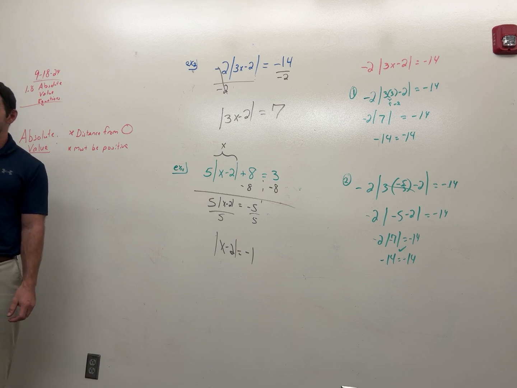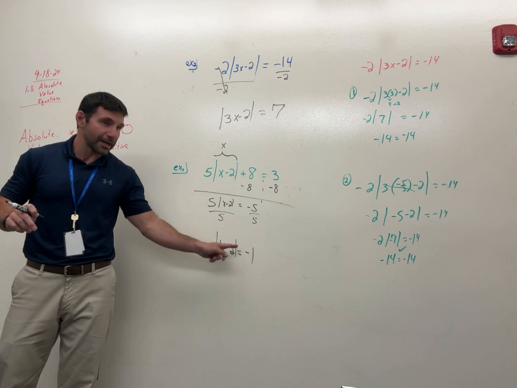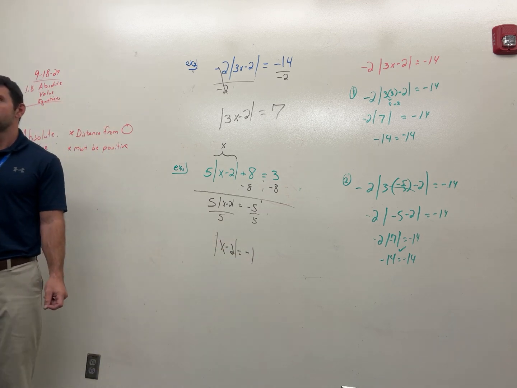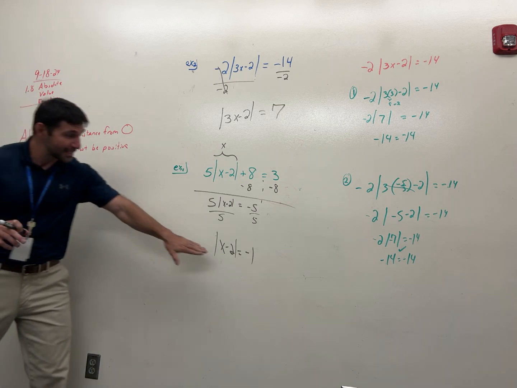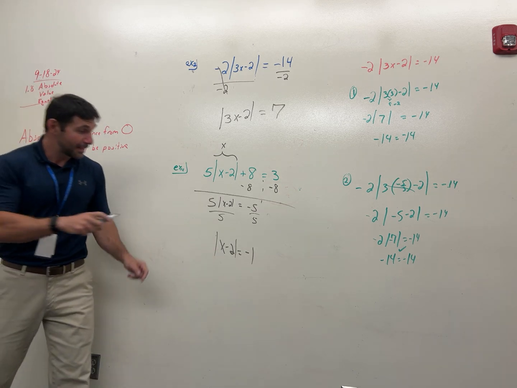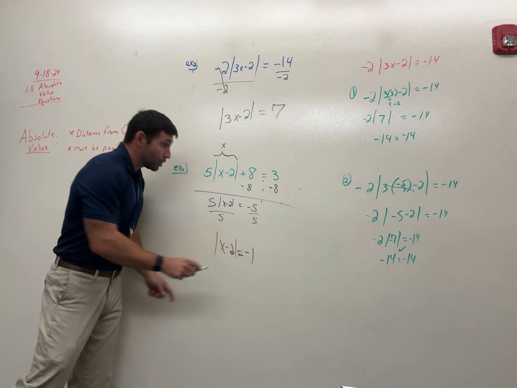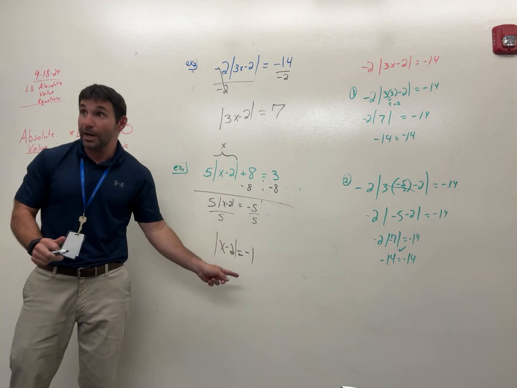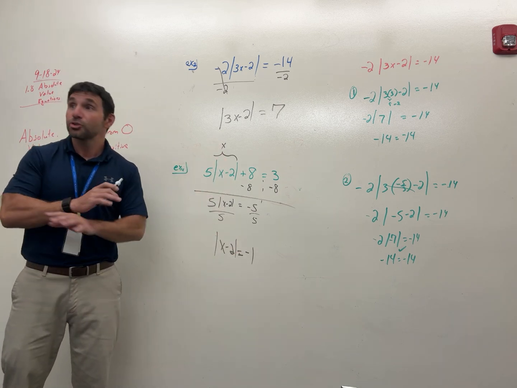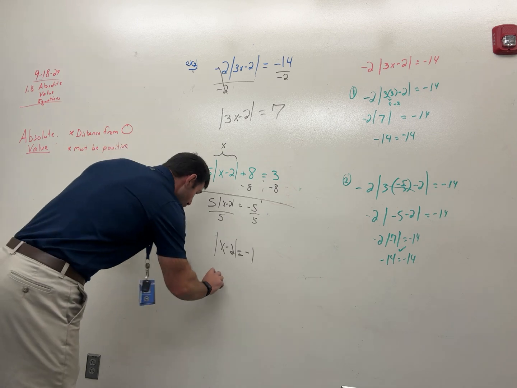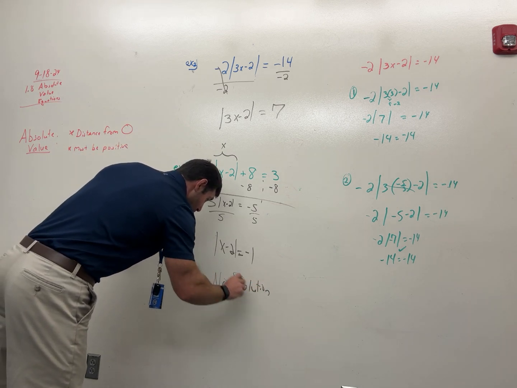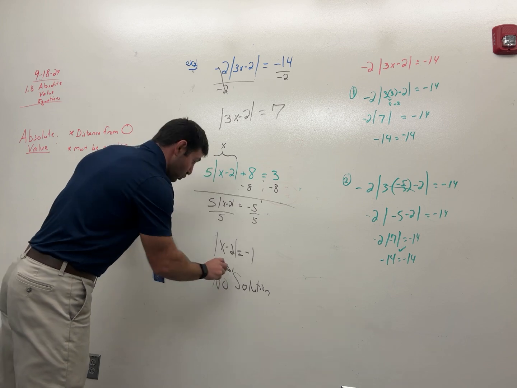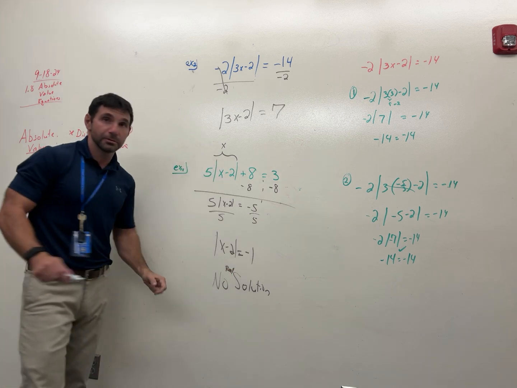In any sense, can an absolute value equal a negative? Absolute value must be positive. If we've isolated the absolute value and the other side is negative, you should double check to make sure you did it correctly. But if it's not, stop, because there is no solution that will actually work. And it really should be no real solution.